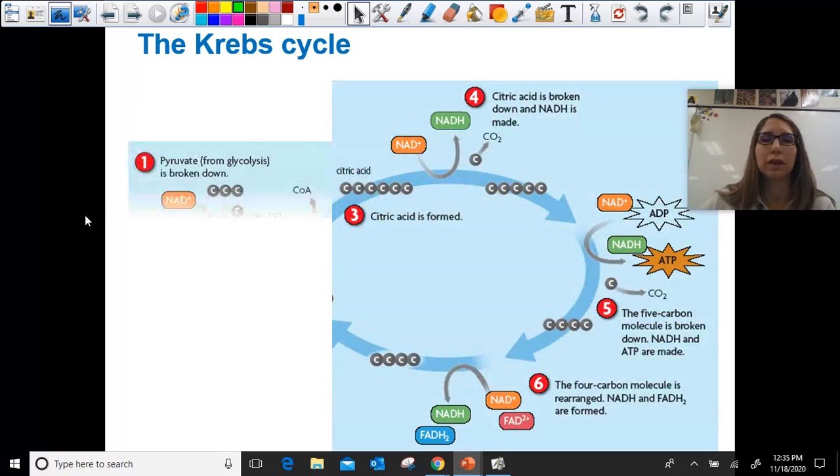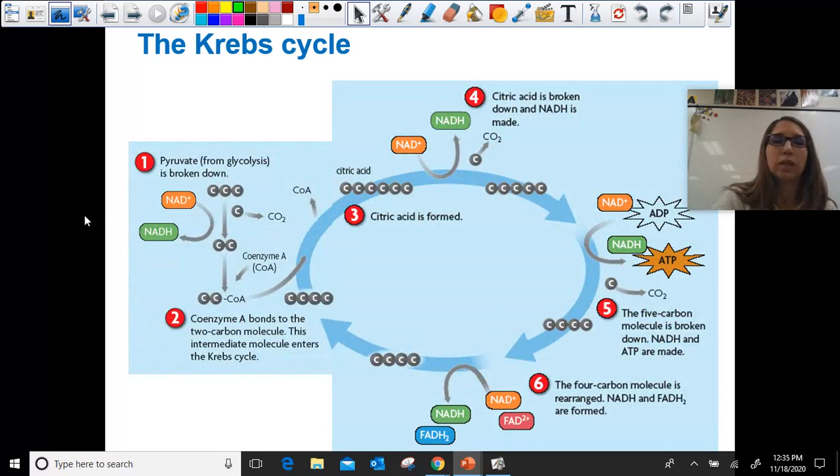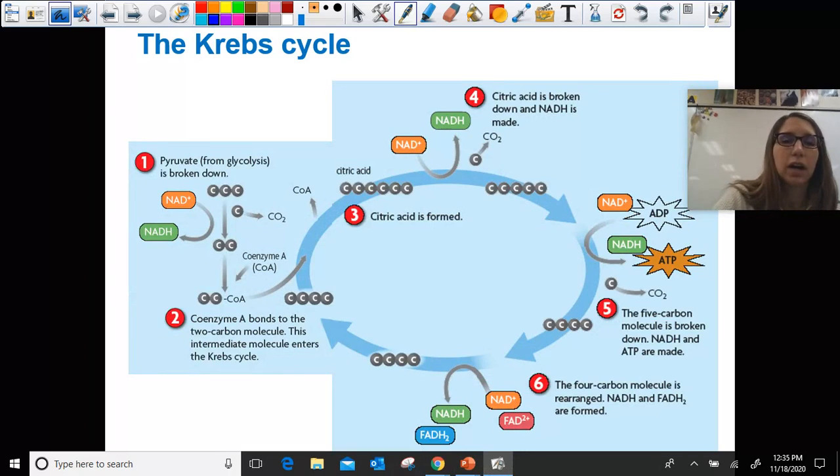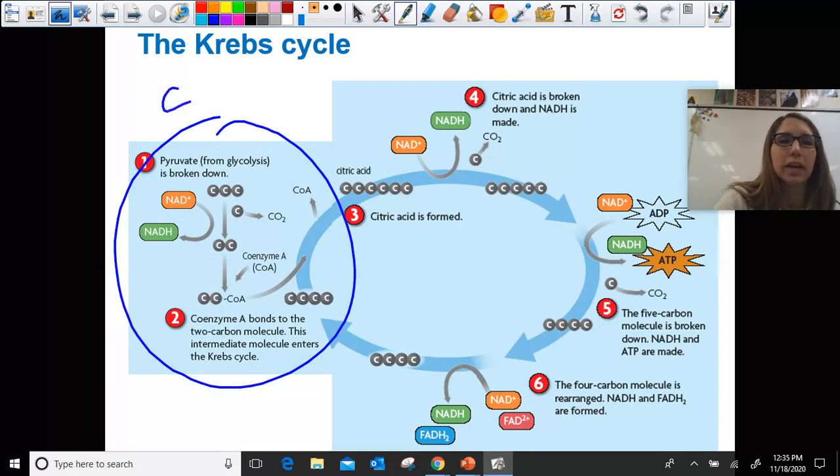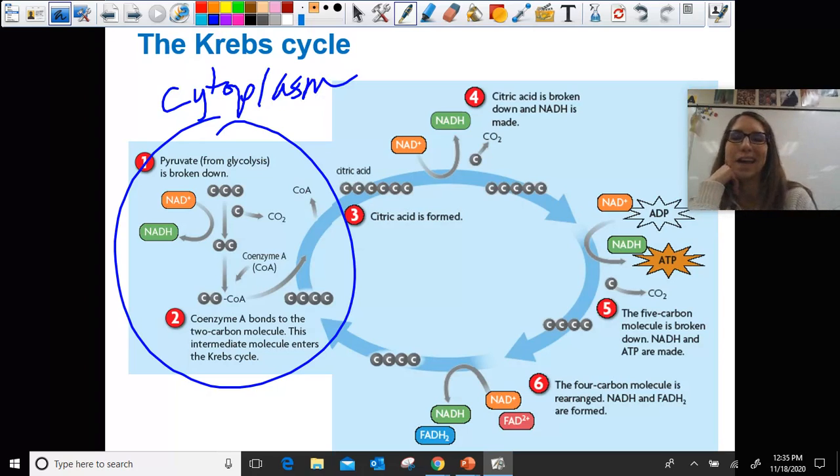So if we look at the Krebs cycle as an overview, this part over here is what was happening out in the cytoplasm. This was our follow-up from glycolysis, where we had to add that CoA tag to make acetyl-CoA that then could go into my Krebs cycle. So this right here is my Krebs cycle.